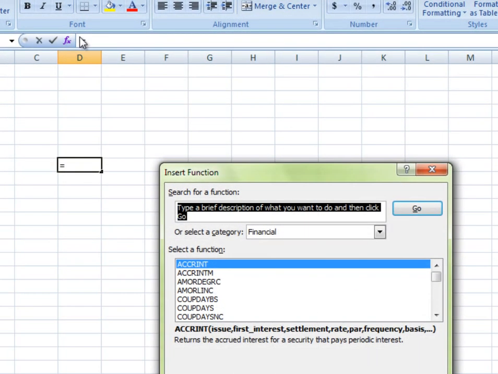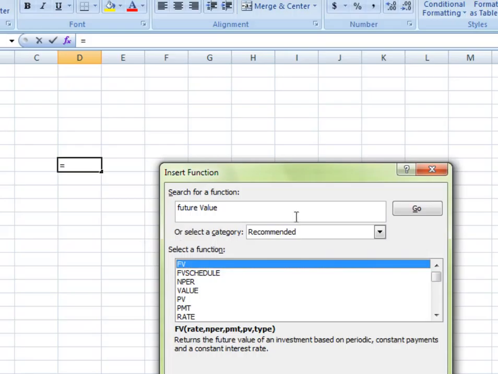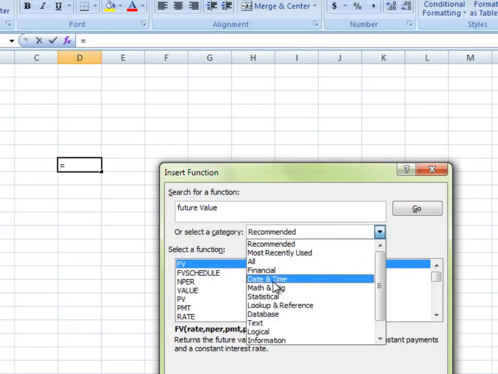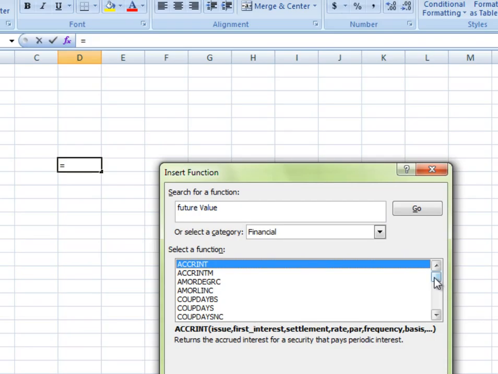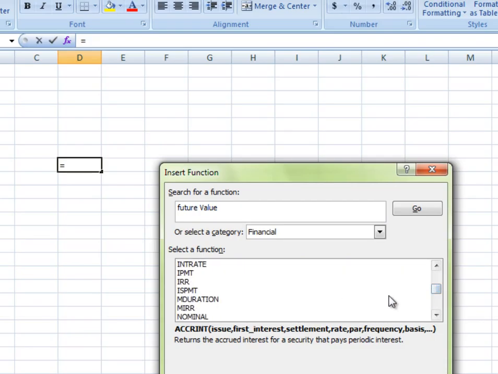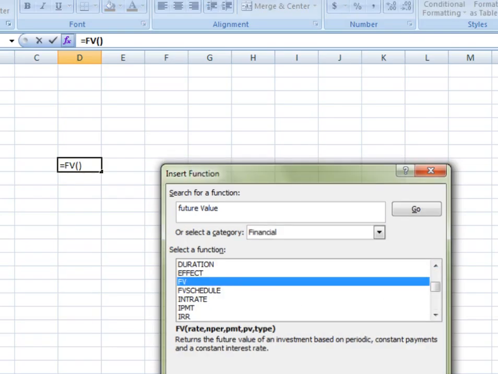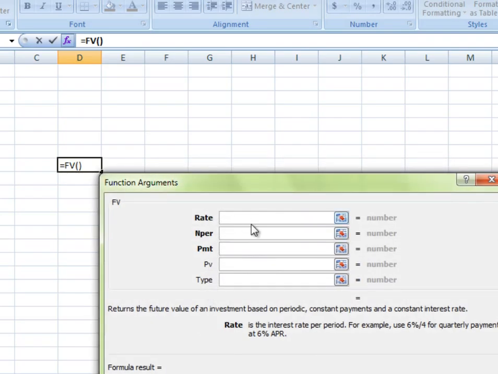We're going to go up here and find the future value. Now you can just type it in like this, future value, and it will find it. Or we can select a category, financial, and use the future value formula. There it is, FV. And we go like this, and it's going to ask us for some things.